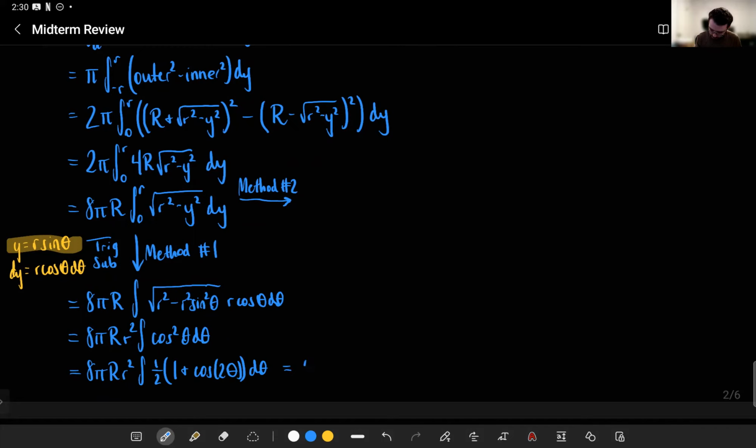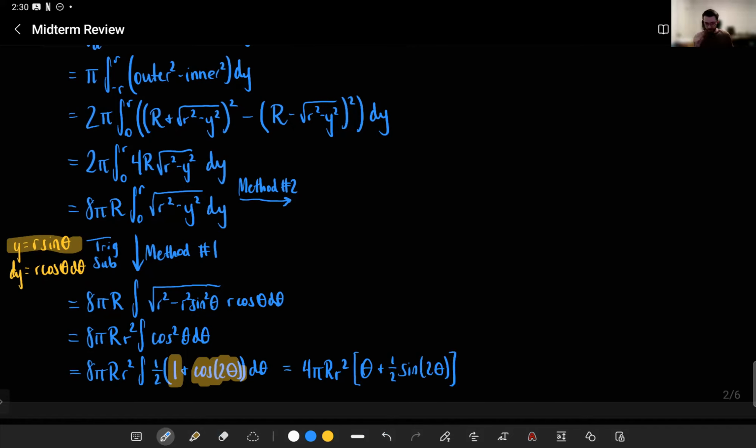So 8 times 1/2 is 4. This is looking more like what I expected it to look like. And then let's just really quickly integrate this thing. So integrating 1 gives me theta. Integrating cosine 2 theta gives me positive 1/2 sine 2 theta.